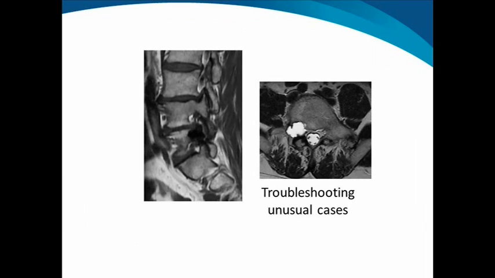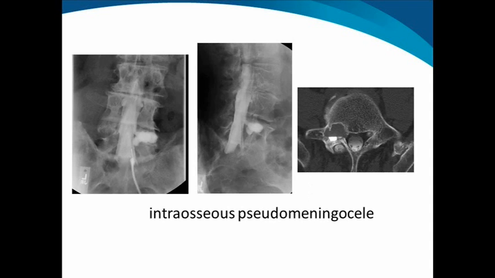Some cases are quite peculiar and unusual, and myelography is employed in order to troubleshoot the underlying cause or etiology. Here you're looking at a T2 bright lesion within the right pedicle of L5. It was unclear whether it has communication with the subarachnoid space. Certainly an unusual lesion that we don't see every day, and a myelogram was performed which could very immediately and clearly demonstrate communication.